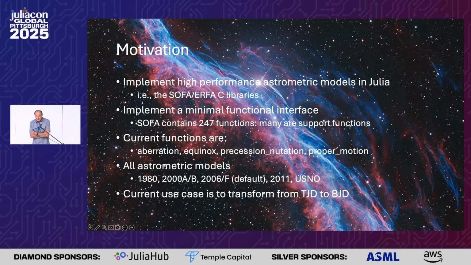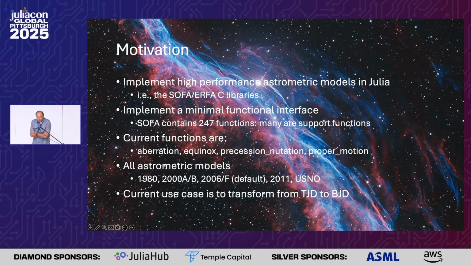One is in C, the other is in FORTRAN. The idea is to create a pure Julia package that people can use, which duplicates those astrometric algorithms to do precession, nutation, et cetera, time changes, all that type of stuff that's part of the SOFA package.